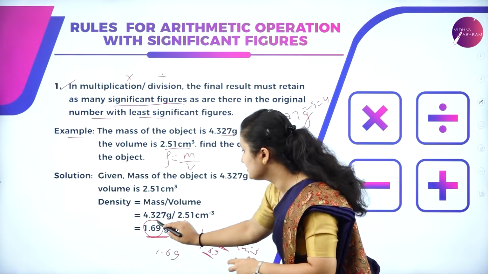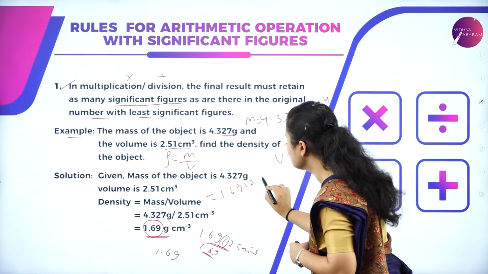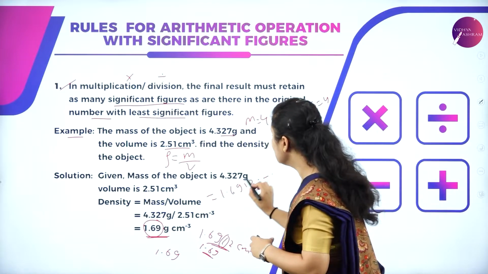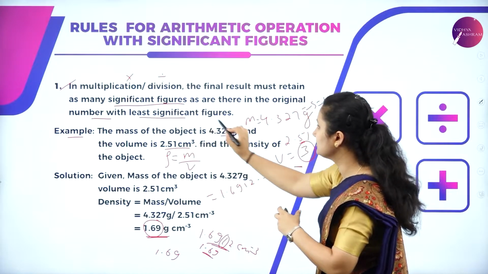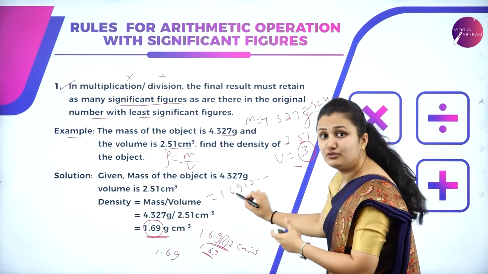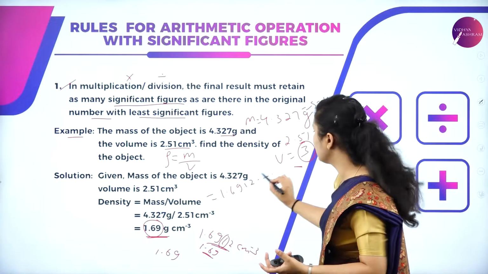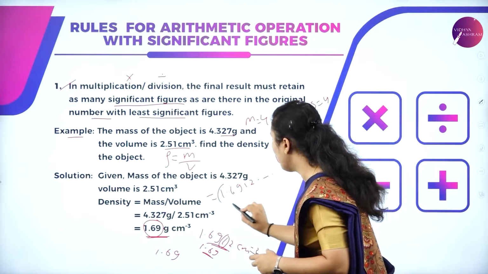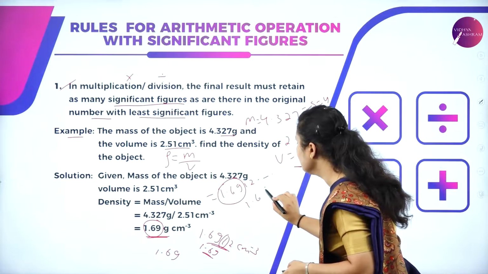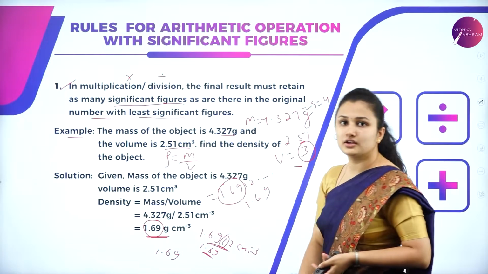When you divide mass by volume, your value will be 1.612 something. Since the rule says the result should have the least significant figures of the original numbers, and volume has the least, I will round it off to 1.69 gram per centimeter cube.